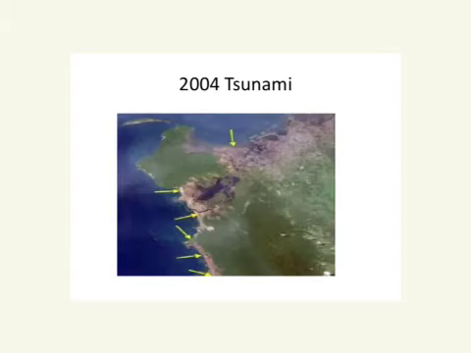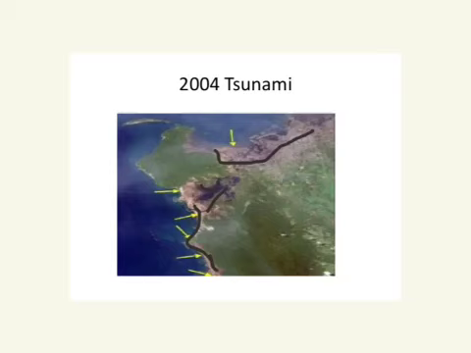And I really like this picture because this picture is representing what happened after the 2004 tsunami. You can see these brown patches right here on the coastline. This is the ocean, okay?